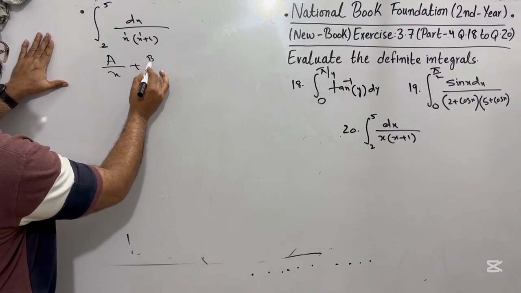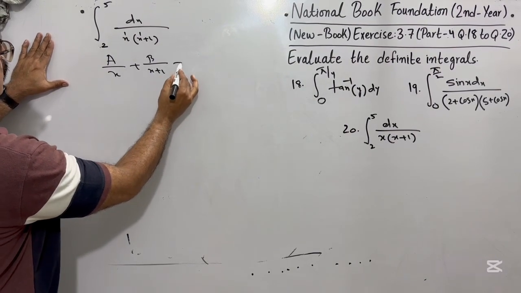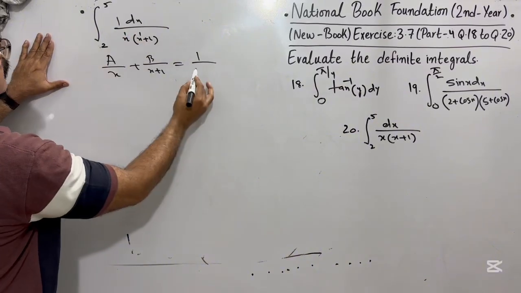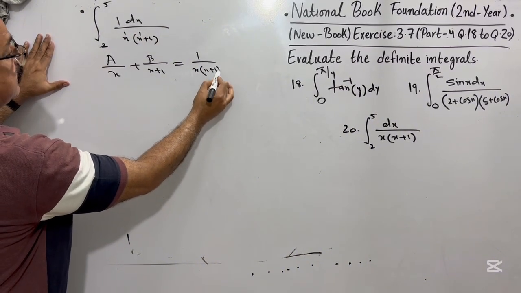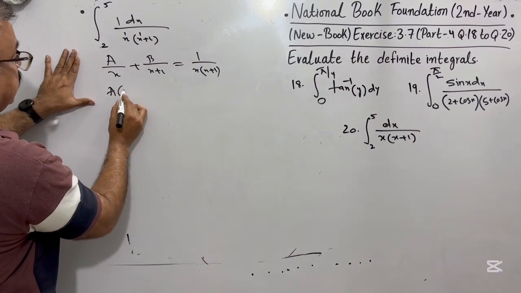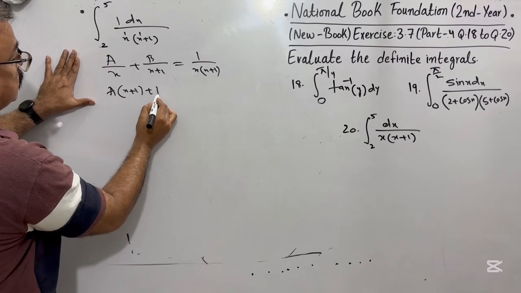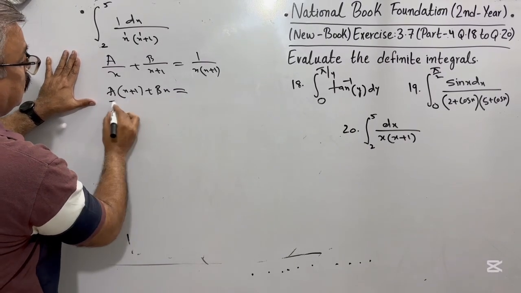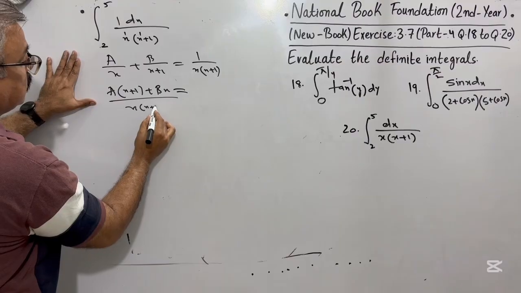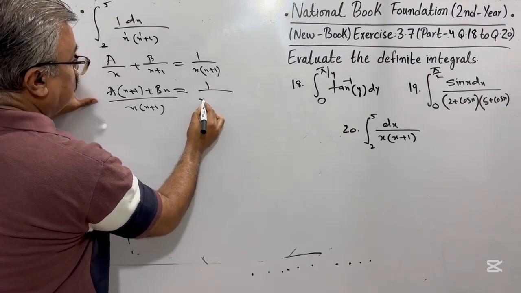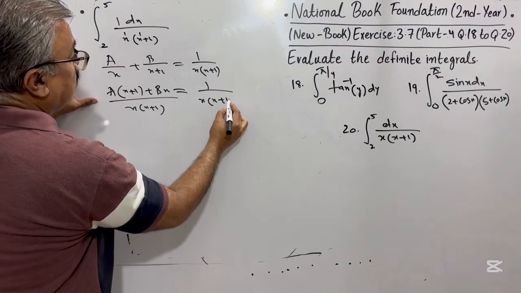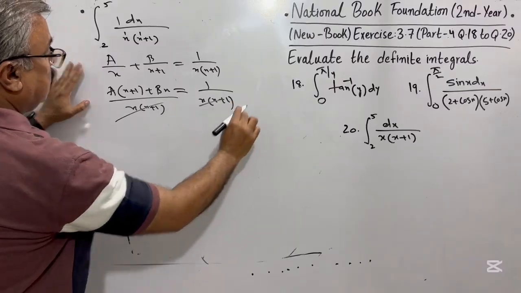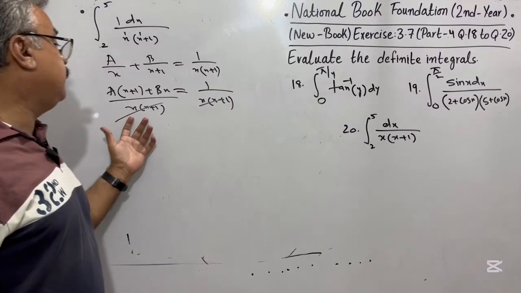A over x plus b over x plus 1 is equal to 1 over x times x plus 1. Taking the LCM, it will become a times x plus 1 plus b times x, overall over x times x plus 1, equal to the original integrand 1 over x times x plus 1. The denominators cancel out as we move from denominator to numerator.